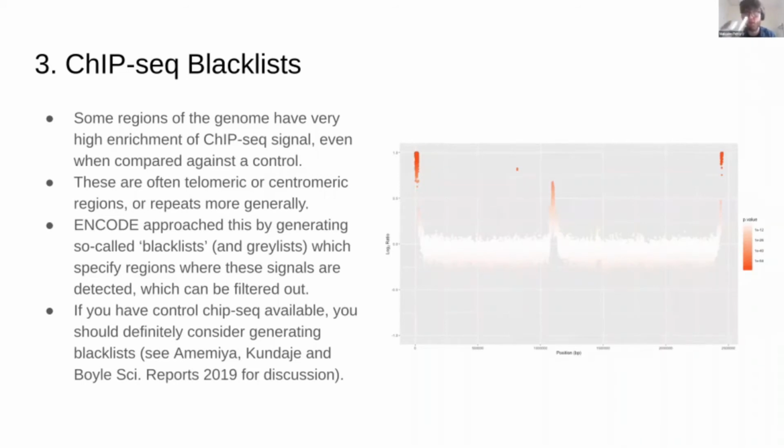Another question. If you don't have any control, then what? Then these peaks are not generated, or what? How to avoid this thing? So blacklists are not particularly experiment specific, right? So if you don't have a control, you could probably just go and download one. You could certainly do that in human or mouse, probably in zebrafish as well.